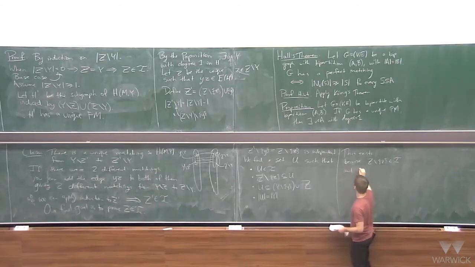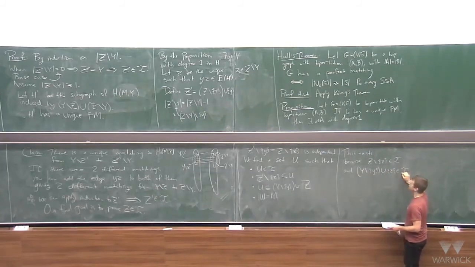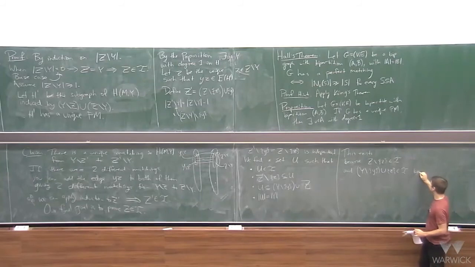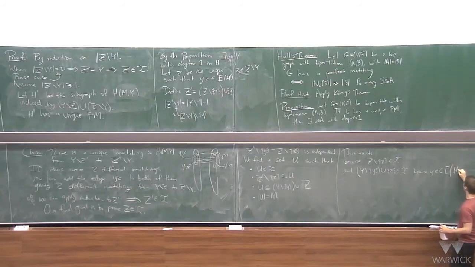If I look at Y minus y union little z, this is independent. Why is it independent? This is actually the only time we're really using, at least so far, the structure of this graph H_M(Y). So this is independent because the edge yz is an edge of H_M(Y).